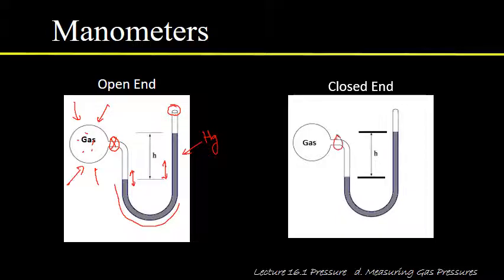It has this little valve here. The difference is that the end here is sealed, and this little chamber above the mercury, just like in a barometer, is a vacuum. That's the only difference between the open end and the closed end.